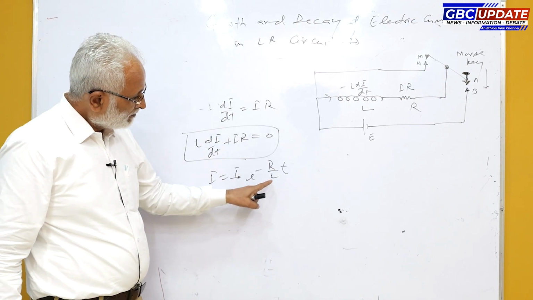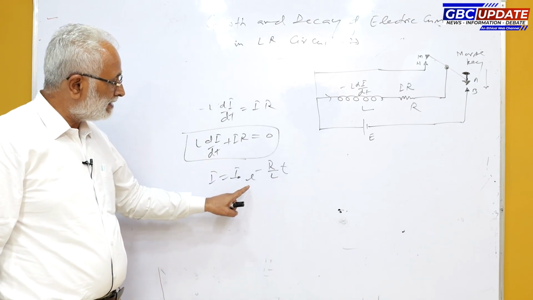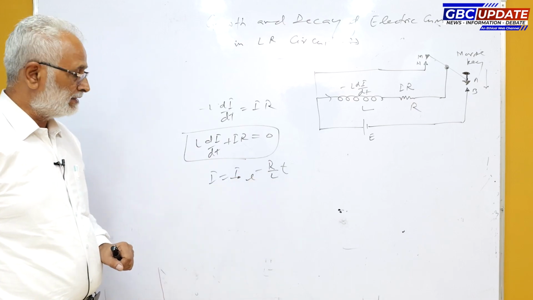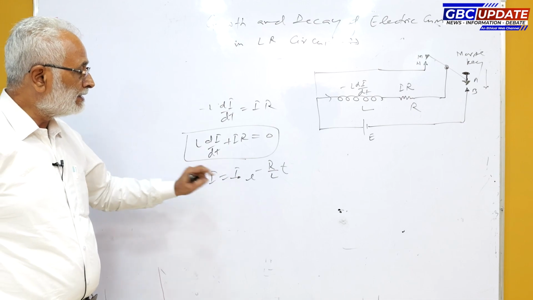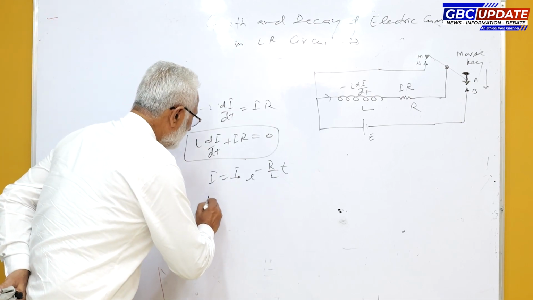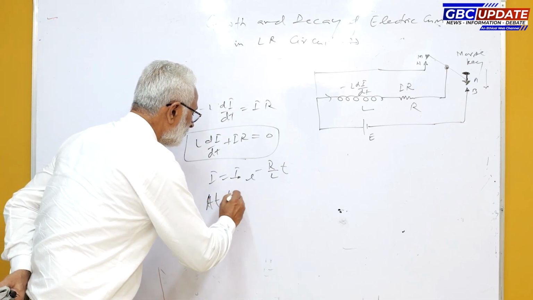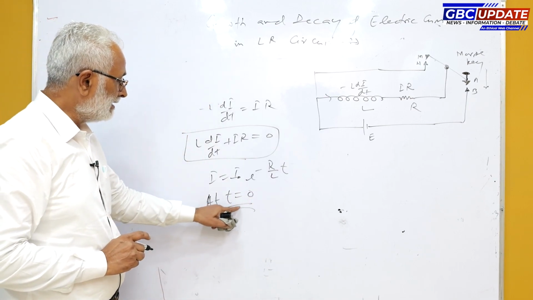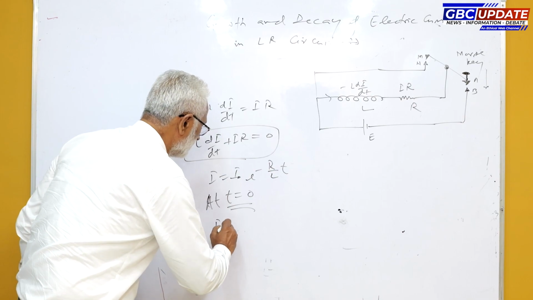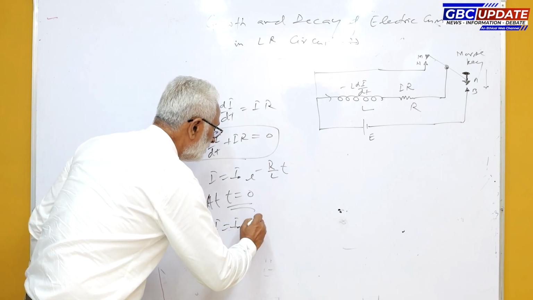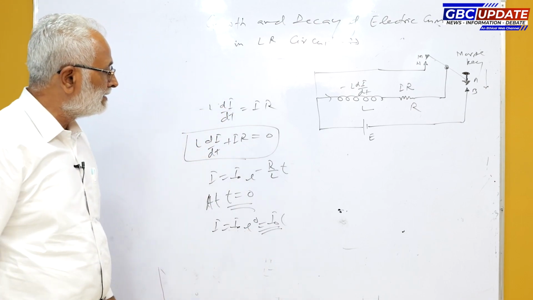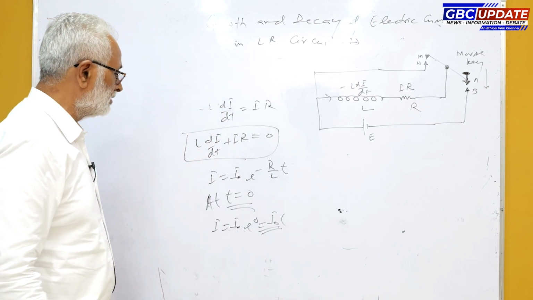Now as t increases, e raised to the power minus R over L t decreases, so electric current decreases. At time t is equal to 0, just at the moment of removing the battery, I is equal to I naught e raised to the power 0, or is equal to I naught, so current is maximum at time t is equal to 0.